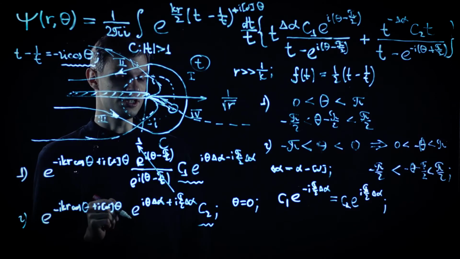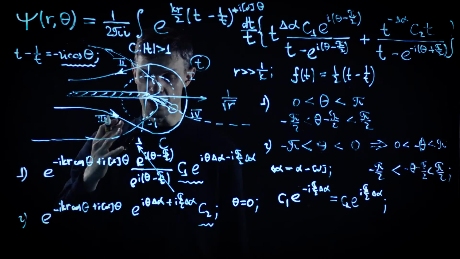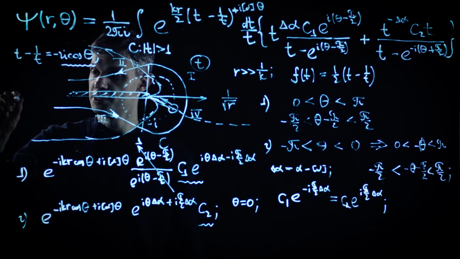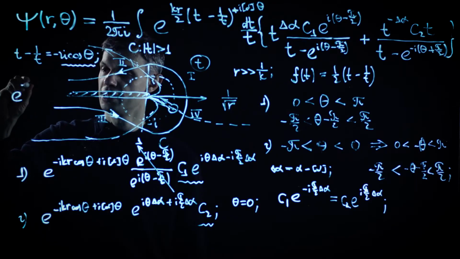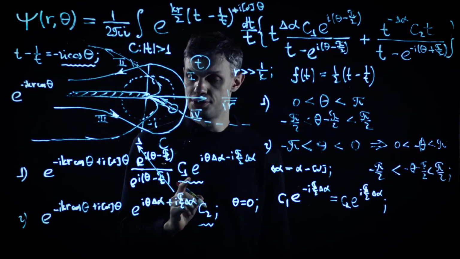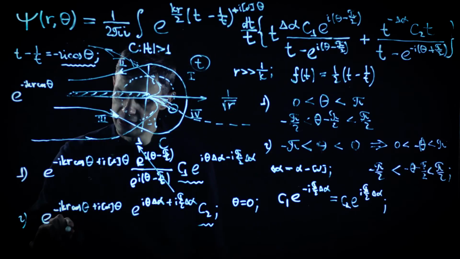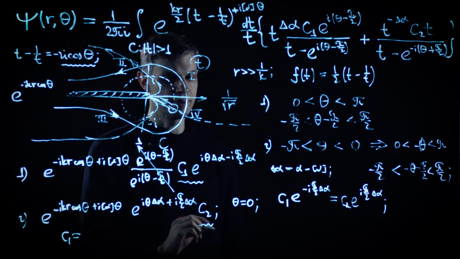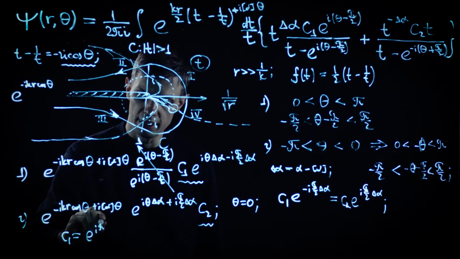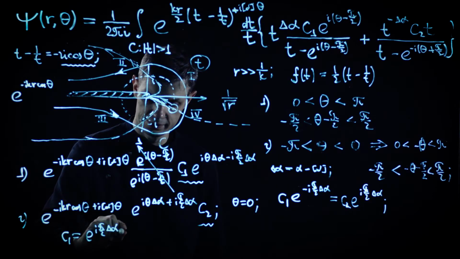This fixation is achieved via the requirement that our plane wave function has a unit modulus. So we want it to look like e to minus I kr cosine theta. And to achieve this, we say that C1 should be equal to e to I pi by 2 times delta alpha.